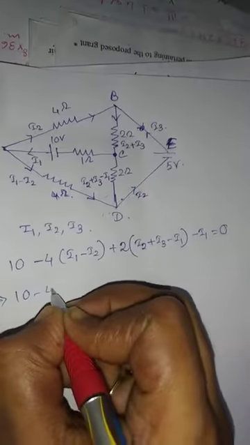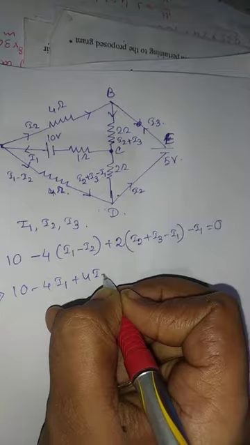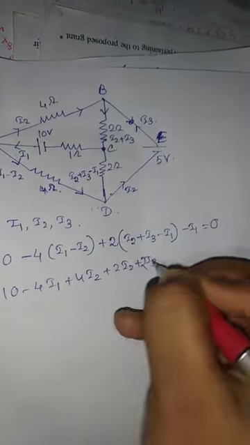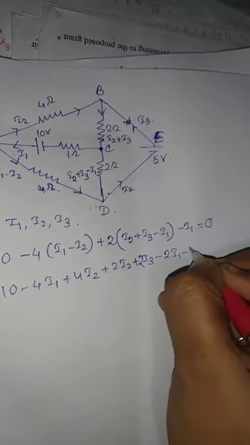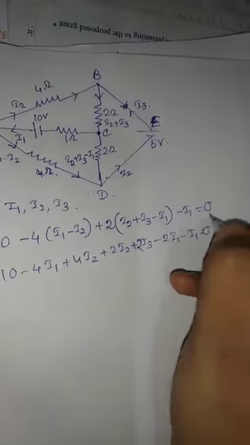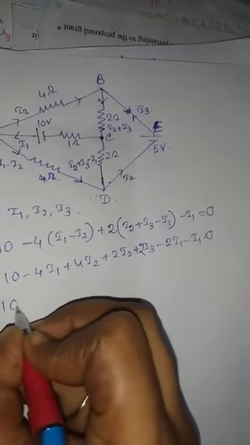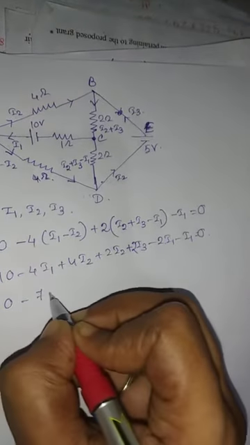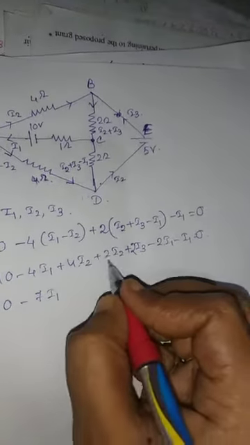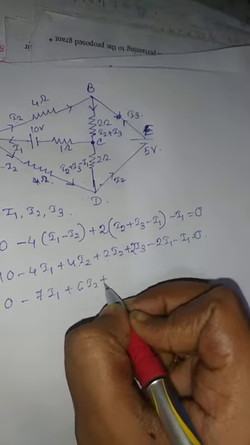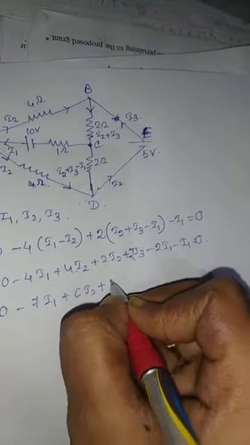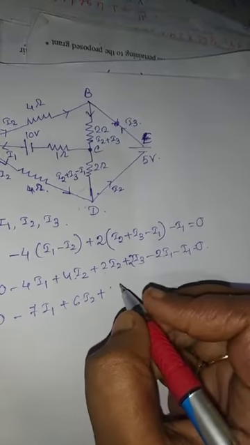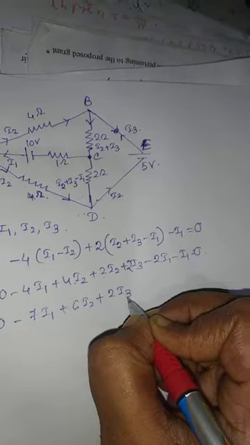So equal to 0. So 10 minus 2 and 3 minus 3 minus 4. So it will be minus 7I1 plus 6I2 plus 2I3.